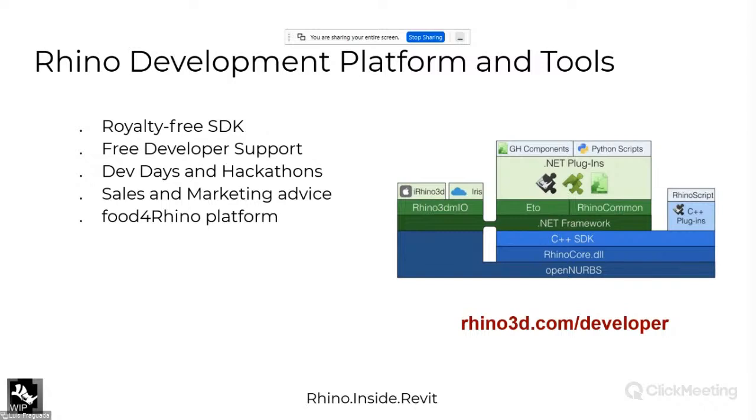We offer you free developer support. We have dev days and hackathons, and we also have different platforms where you can distribute your developments. For example, we have Food for Rhino, where developers have a page with their different projects, so that people can find out what it is that they're developing.